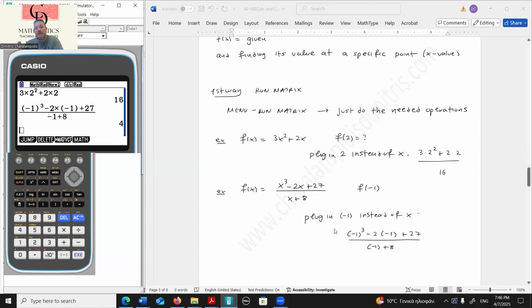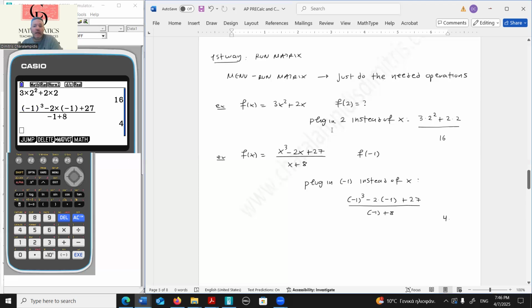And there it is, the answer should be 4. So that is the first way: go directly to the run matrix and do your substitutions.